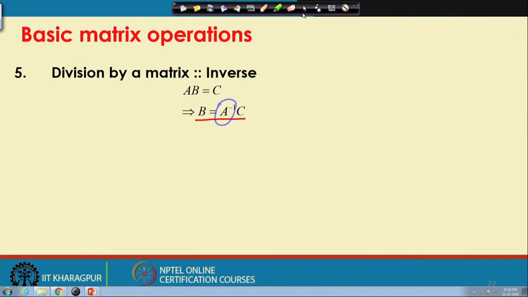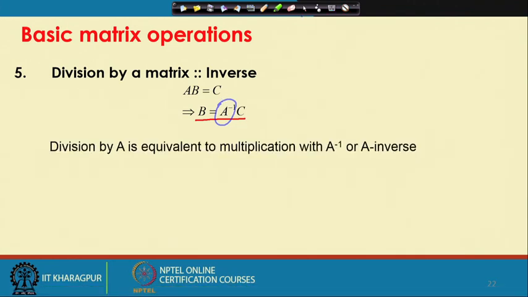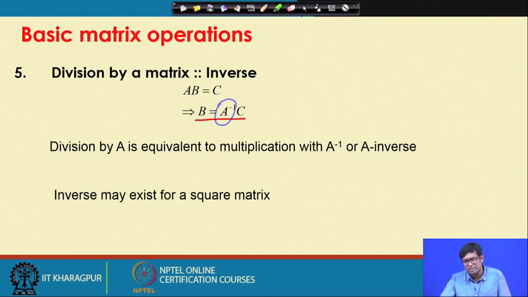So, division by A is equivalent to multiplication with A inverse or inverse of A. Inverse may exist for a square matrix. If the matrix is not square, the idea of inverse is not directly applicable. There are some different concepts, we will come into it later, but for a square matrix inverse may exist, but all square matrices may not have inverse.